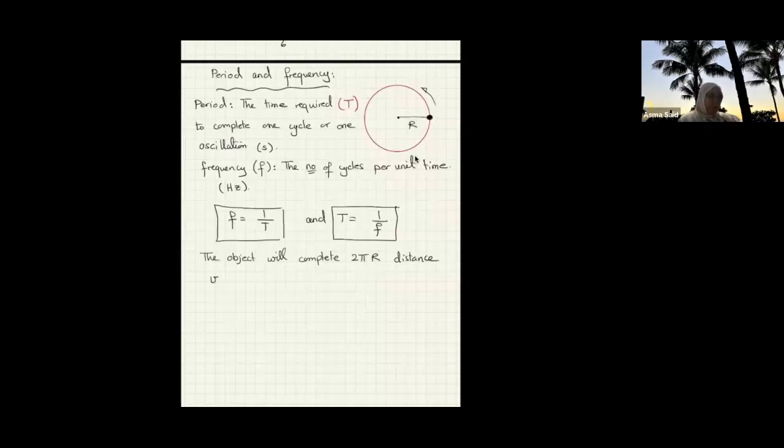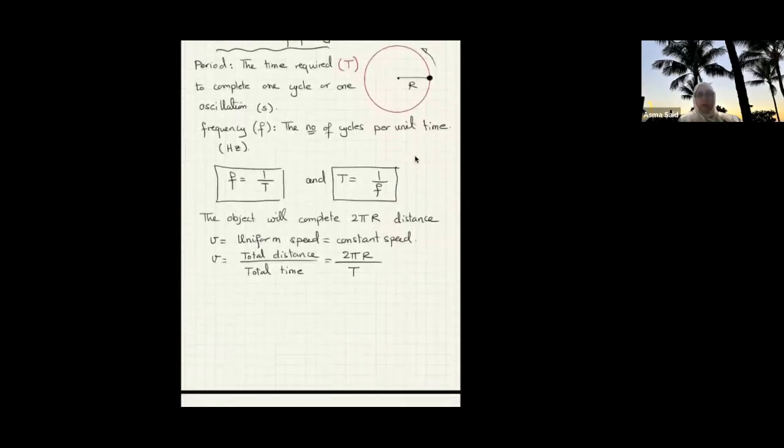Now, the speed here, we said, is uniform speed. This means constant speed, and it can be calculated as total distance divided by total time. Total distance here is 2 pi r, divided by T, which is the total time for one cycle.